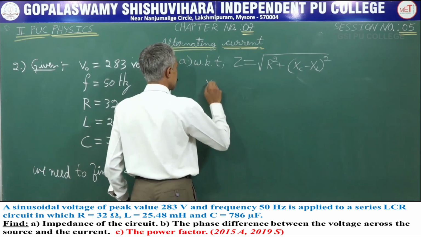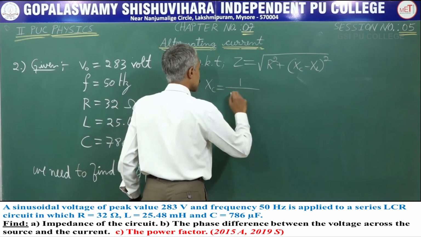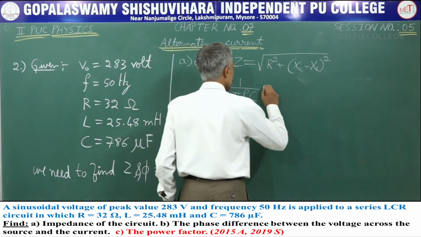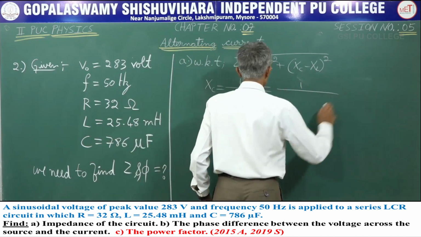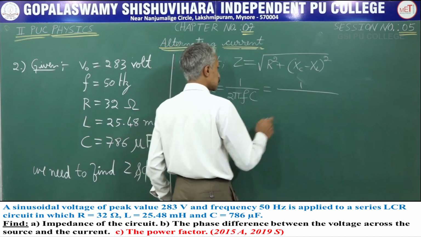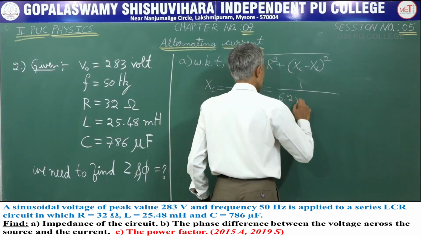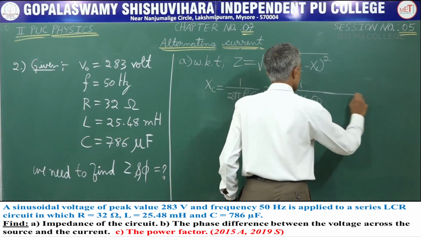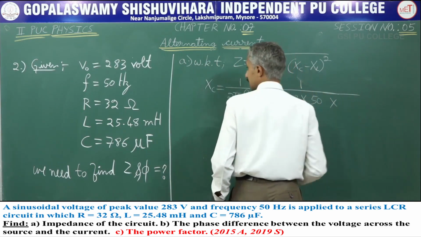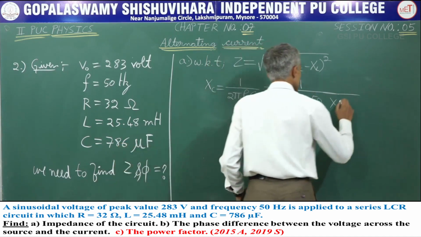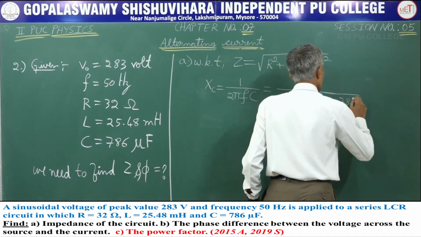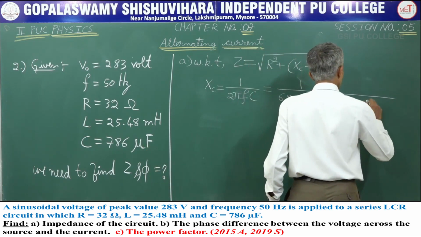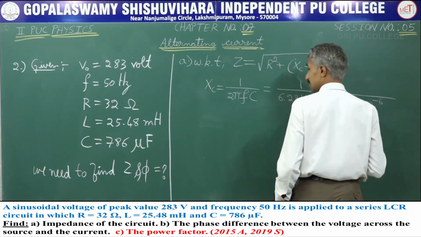XC is given by 1 divided by 2 pi fC. So 1 divided by pi is 3.14 into 2, I will get it as 6.28 into frequency 50 hertz into capacitance 786 microfarad, 10 to power of minus 6.